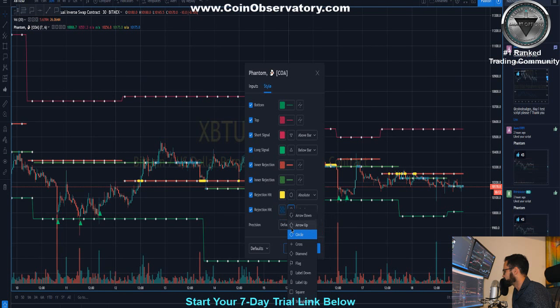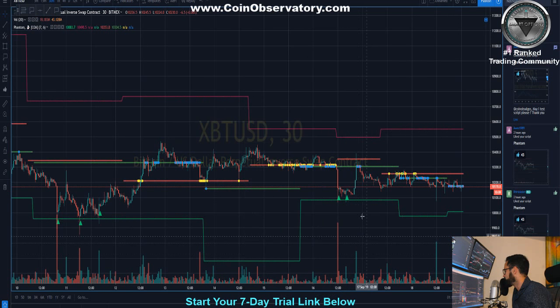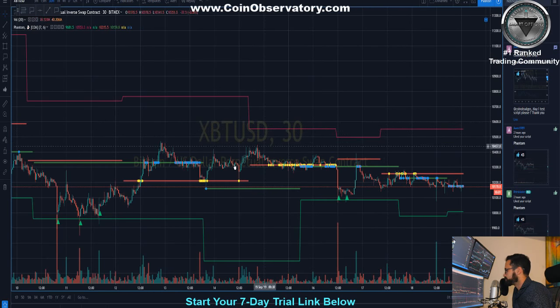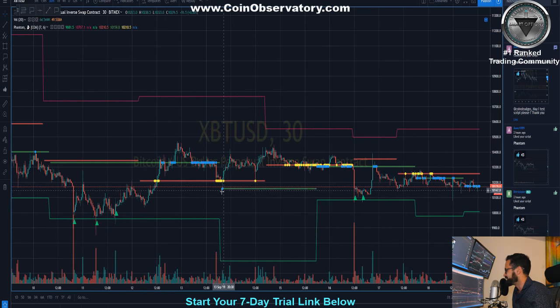Like I like the colors blue and yellow. So if I was to do that on my script right now, you can kind of see what's happening. And this would have been a really good entry. So you can sit there and anticipate that, hey, there's a midline here for a good entry, for a good long. And maybe profit take on this break, or below the swing low.